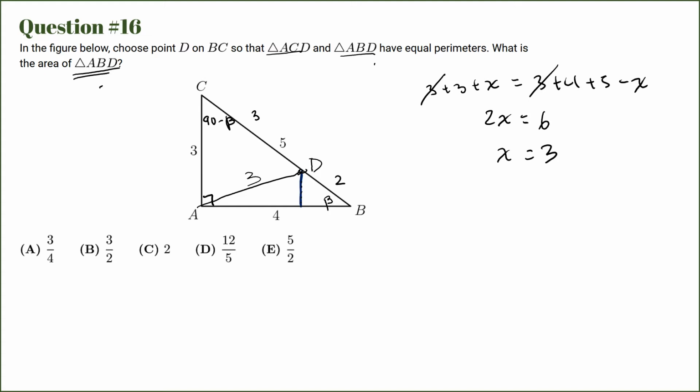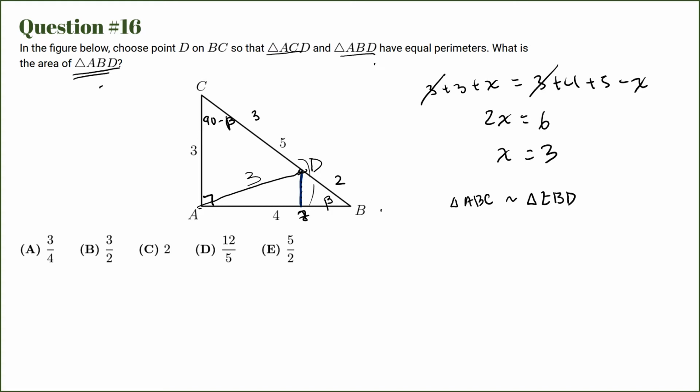So how do we find the length of this? Well, we can use similar triangles. Triangle ABC is similar to triangle, let's label this point Z, triangle ZBD.